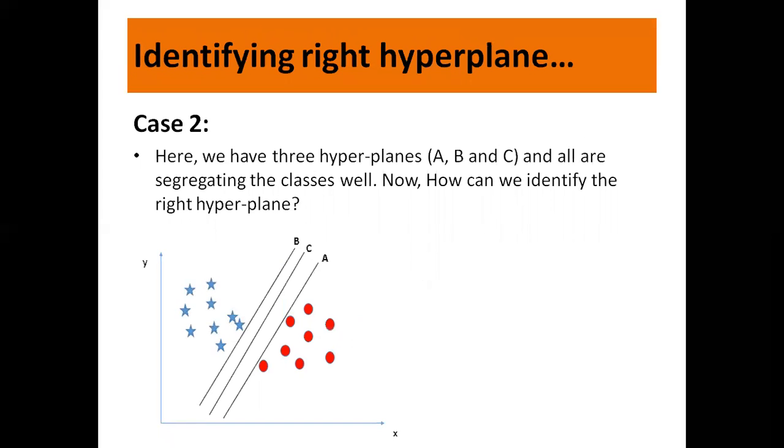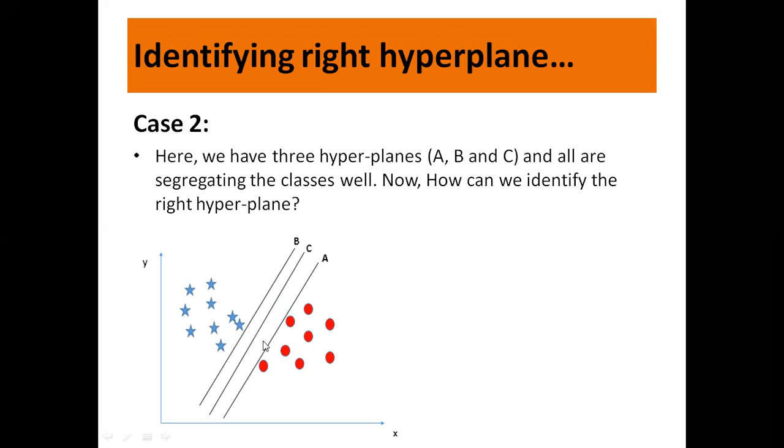Now look at case 2 here. Here we already have three hyperplanes, A, B and C, and all are segregating the classes well. Now how can we identify the right hyperplane? Whether B is good, C is good or A is good? All are clearly classifying the data.